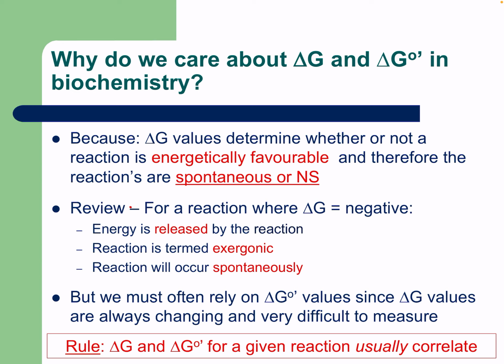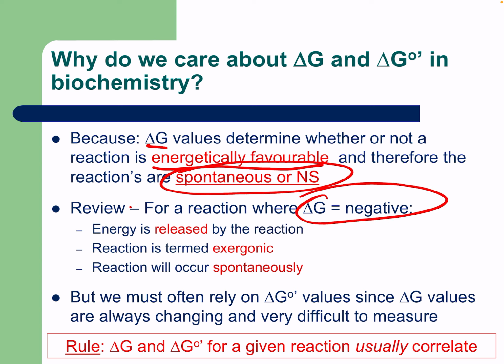Because change in Gibbs free energy values determine whether or not a reaction is energetically favorable, and therefore whether reactions are spontaneous or non-spontaneous. For a reaction where the change in Gibbs free energy is negative, energy is released by the reaction, and the reaction is termed exergonic, as we said, and the reaction will occur spontaneously.